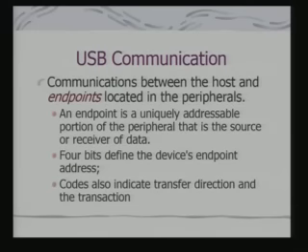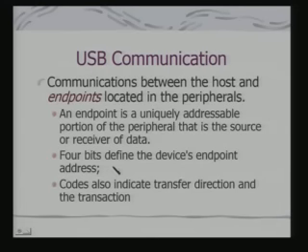USB communication takes place between the host and endpoints, and endpoints are actually located in the peripherals. Each endpoint has a unique address, and therefore, if a peripheral consists of multiple devices, each of the devices would have a unique address, because each device will be mapped to an endpoint.